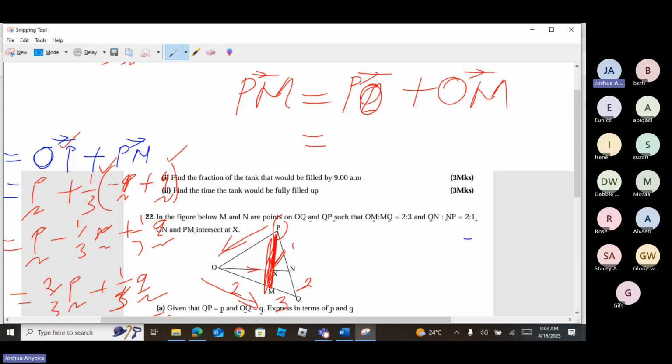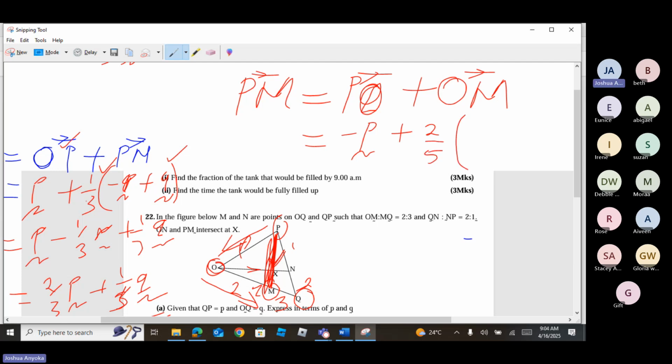PO is against the direction of vector P, so we have negative P plus OM, which is a fraction of OQ. From O to M, 2 divisions. From O to Q, 5 divisions.